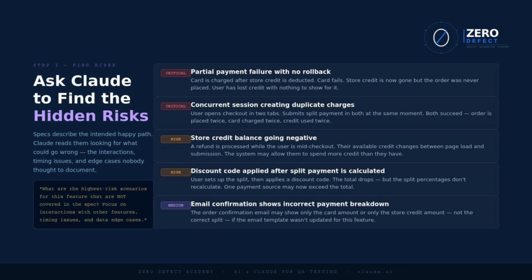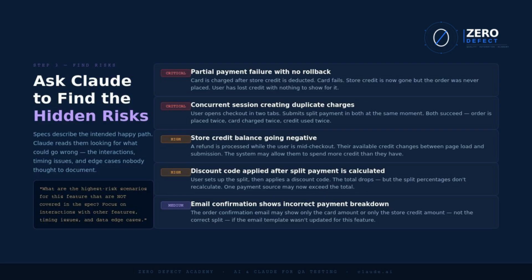This is the most powerful prompt in the video. After Claude understands the feature, ask it, what are the highest risk scenarios that are not covered in the spec? Focus on interactions with other features, timing issues, and data edge cases. Look at what it finds. Critical, partial payment failure with no rollback. The card fails after the store credit is already deducted. The user has lost credit and has no order to show for it.